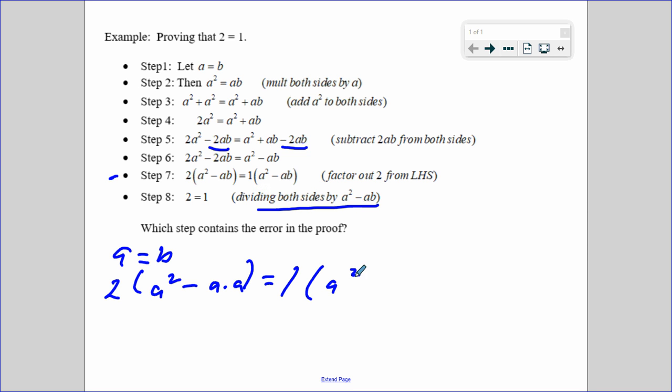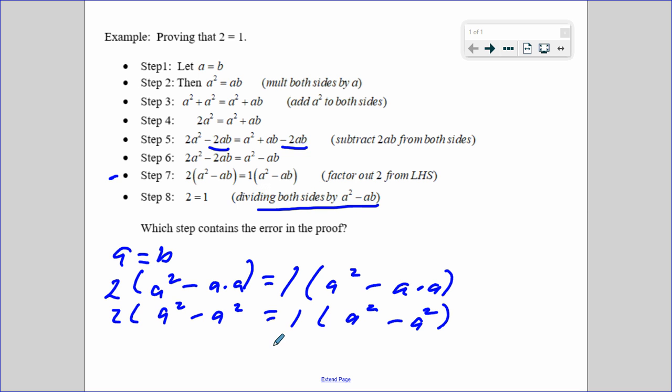So A squared minus A times A. And then we'll just simplify that a little bit. So it's 2 bracket A squared minus A squared, which equals 1 times A squared minus A times A is A squared.